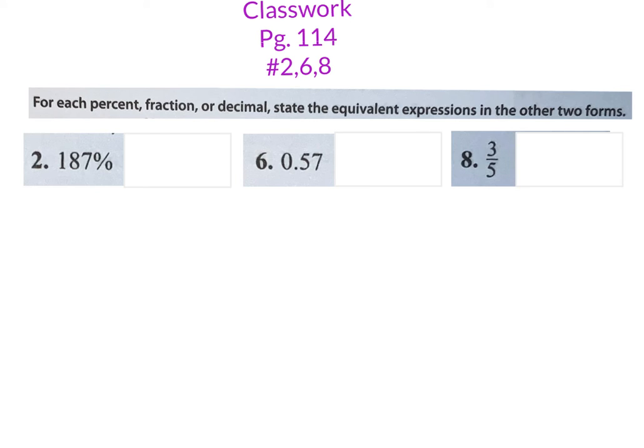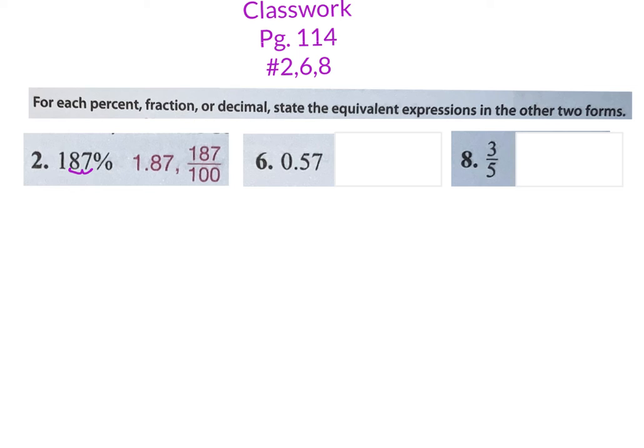So for the first one, they gave it to us in percentage, so we're going to give it in decimal and fraction form. For decimal, you can just move it over 2 places. For fraction, you can just put it over 100. So you have 1.87 and 187 over 100. For the second one, they gave it to us in decimal form. So they want it then in percentage and in fraction.